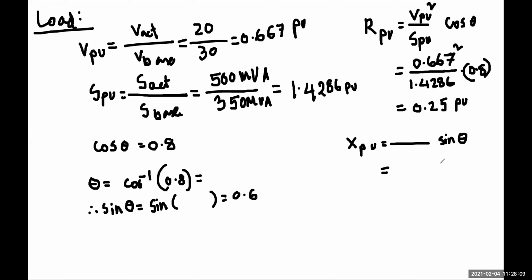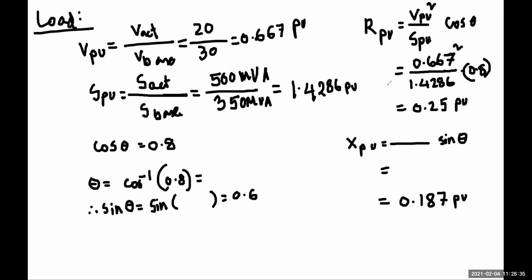If you put that here, 0.6, and everything else, this one will be 0.187. And your result is correct, 0.187. Got my point? This was for series load.